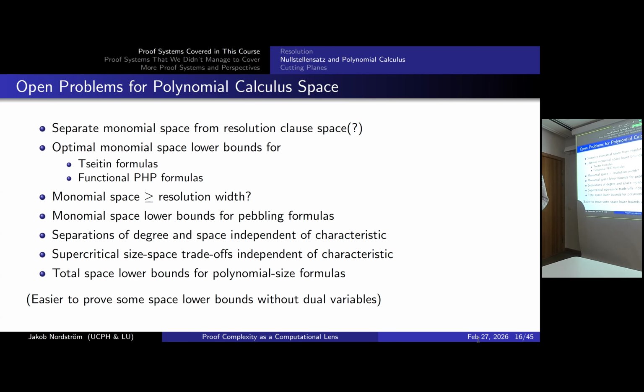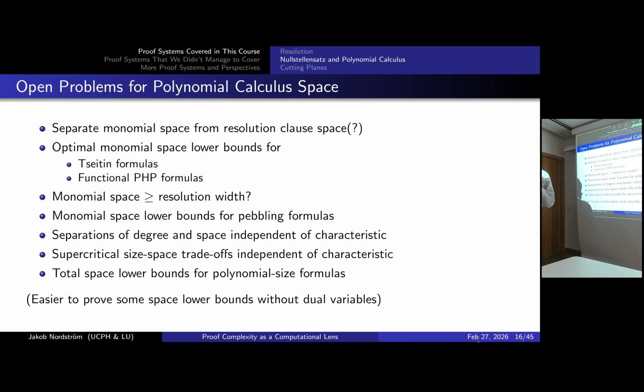For resolution, we saw that we had optimal total space lower bounds and square total space lower bounds. I don't think we have any total space lower bounds for polynomial calculus, except for exponentially large formulas. In the very first paper, if you allow yourself to make your formulas exponentially large, then you can prove n squared total space lower bounds where n is the number of variables, but only for exponentially large formulas, which is kind of cheating.